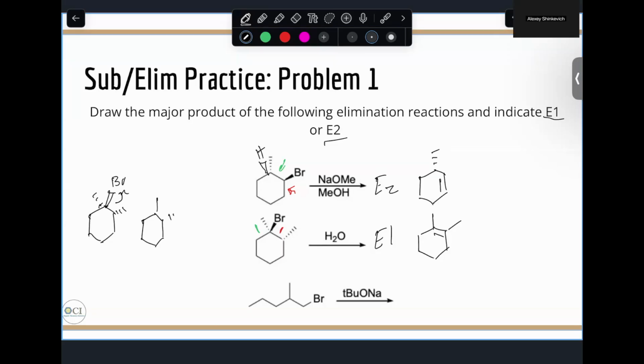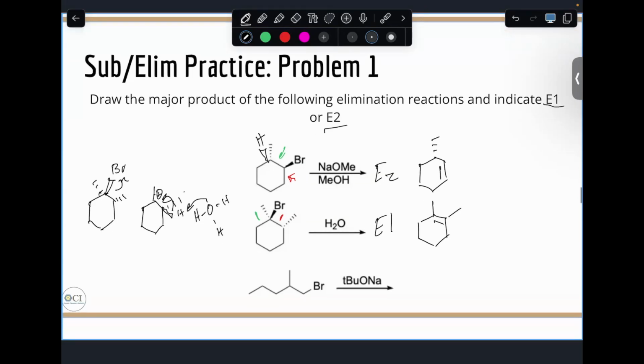And that gives us this. And then we have a hydrogen here, which this will pick up and form that double bond. That makes sense?